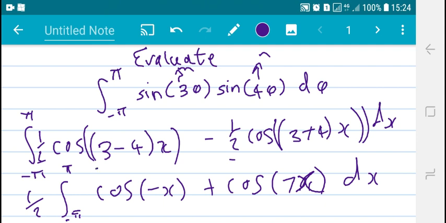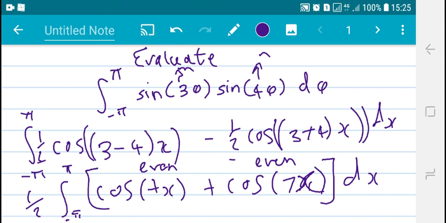Right. So now, since cosine is an even function, cosine of negative x is the same thing as cosine of positive x. Because this function is even, and of course this function is even.